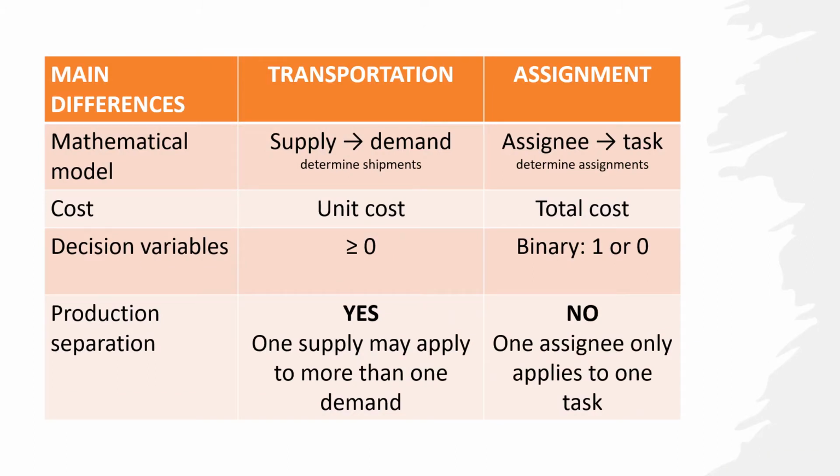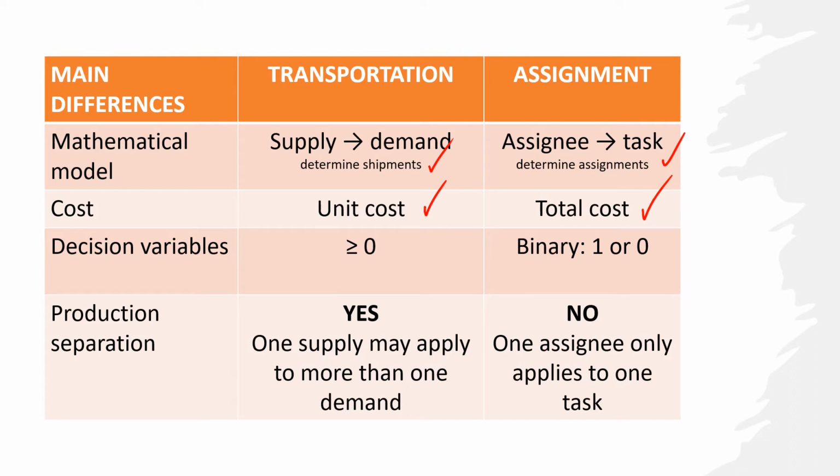This table summarizes the main differences between transportation and assignment problems. In transportation, the mathematical model is focused on supply and demand. It determines shipments, while assignment works with assignees and tasks, and it determines assignments. Our cost in transportation is unit cost, while in assignment we use total cost.